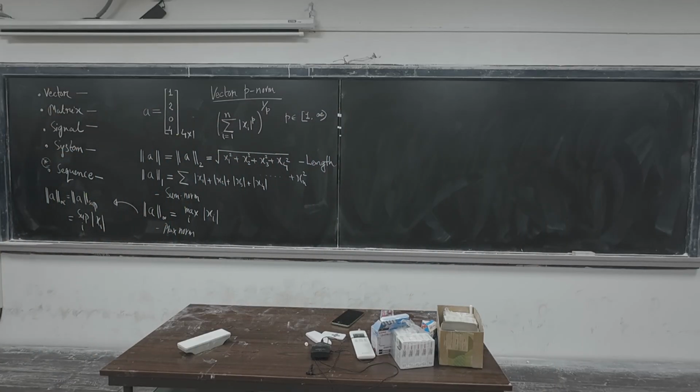Those who have read probability and statistics, there we have different types of distances, right? Did any one of you have probability and statistics? Have you heard about the Manhattan distance, the Mahalanobis distance? Different kinds of distances based on different measures. One norm is the Manhattan distance.